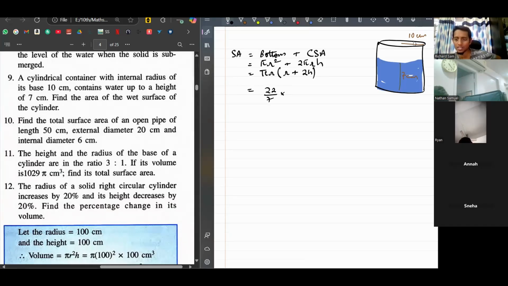How much is the radius? 10 centimeter into radius plus 2 into height. Height, we don't care about the whole height of the container. We only have to see the height at which the water level is. So here, the water is up to a height of 7 centimeters because we are finding the surface area of the mug, the cylinder, where the water is touching, right? Did you understand?